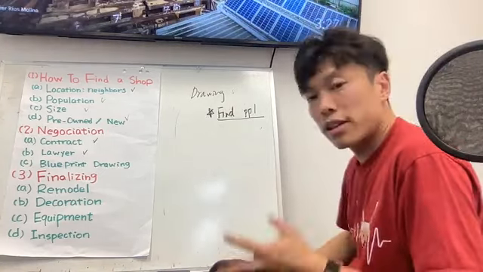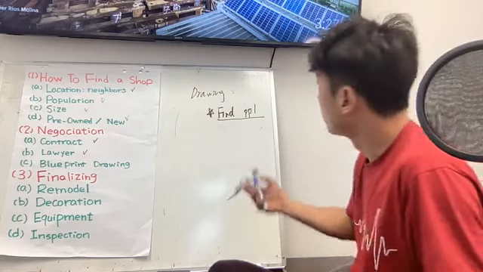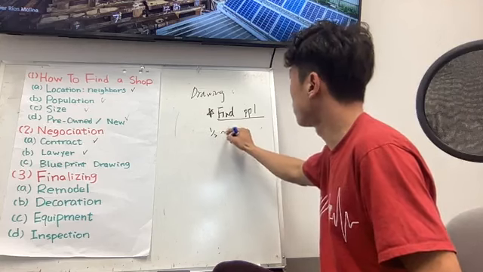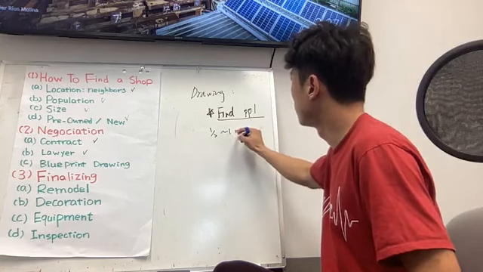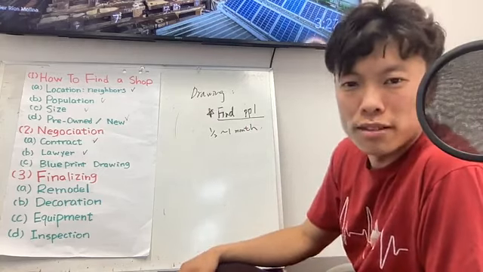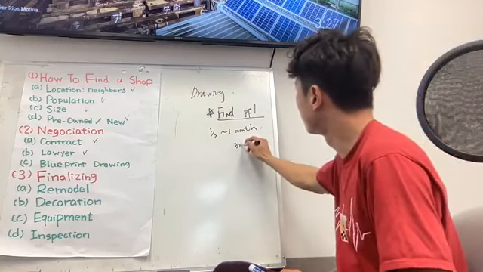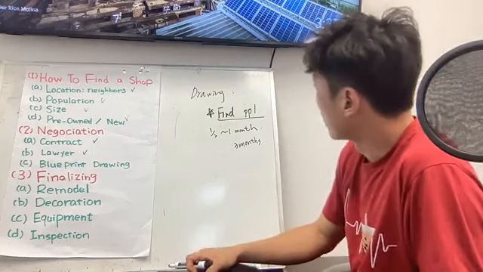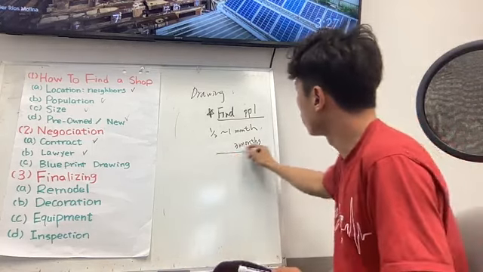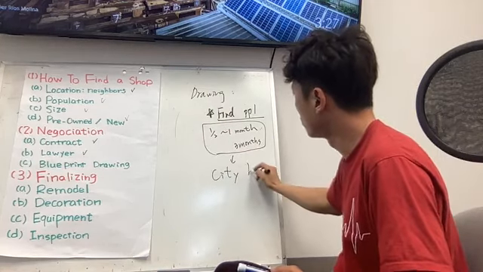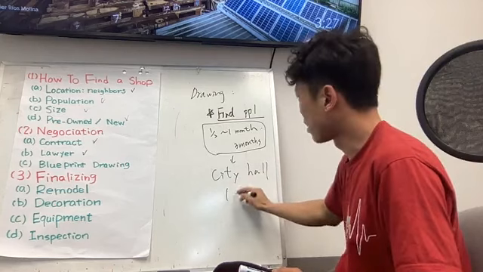The average drawing time, because they have to measure a lot of things, probably costs 1 month, half a month to 1 month. Some people, I heard, wait 3 months to draw. 3 months. And after you draw, you have to send it to the city hall, probably another month.